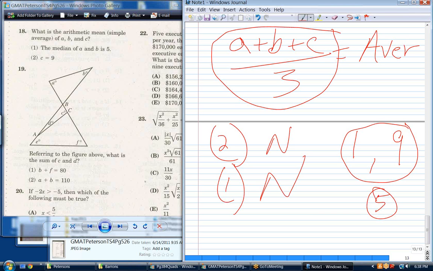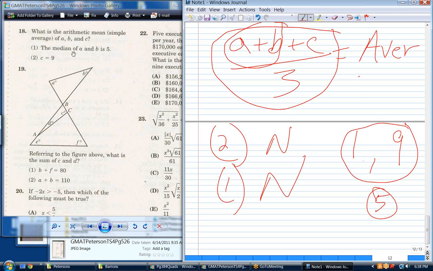I didn't realize that until just now. So you can get an average then, because the top would be 19, divided by 3. It wouldn't be an equal number, but that's okay. You can figure out that A plus B have to add to 10 from statement number 1, therefore the answer is C.